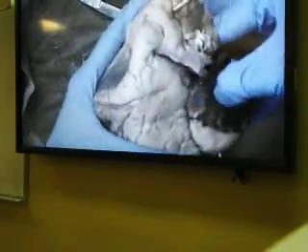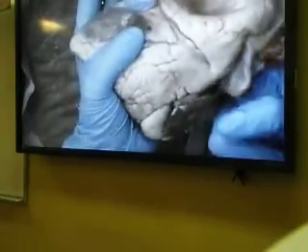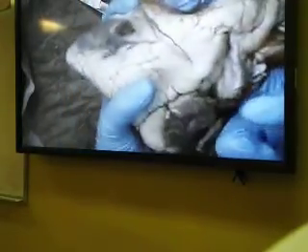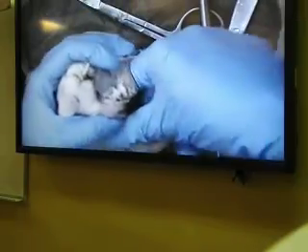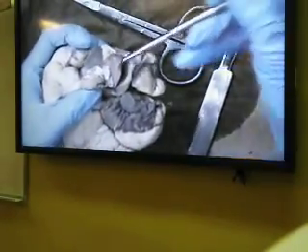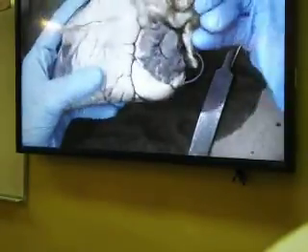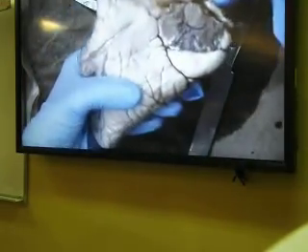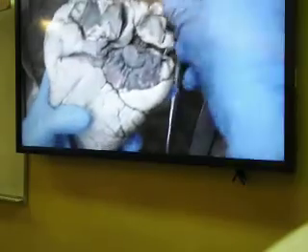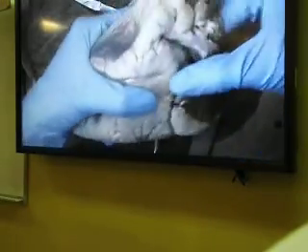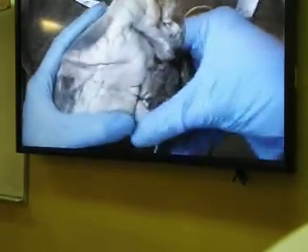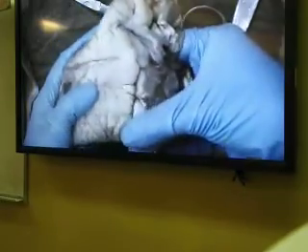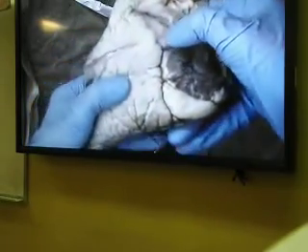If I push my finger, it is going all the way here to this chamber, and you can see I can put my probe through too, going all the way to this chamber, which you understand is the left ventricle.